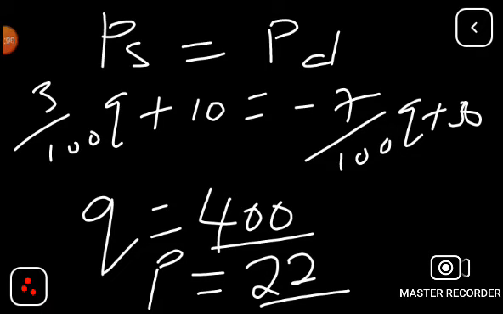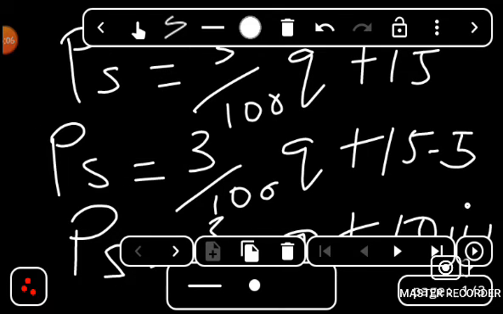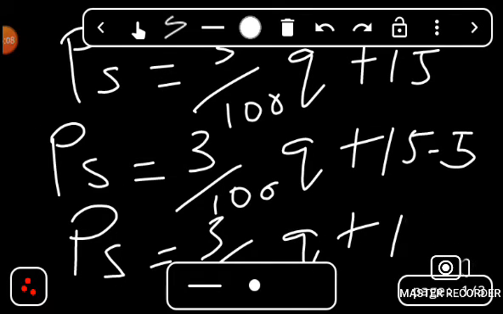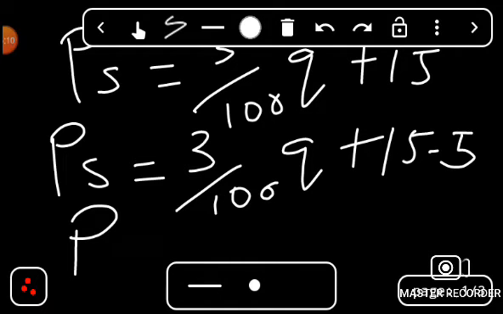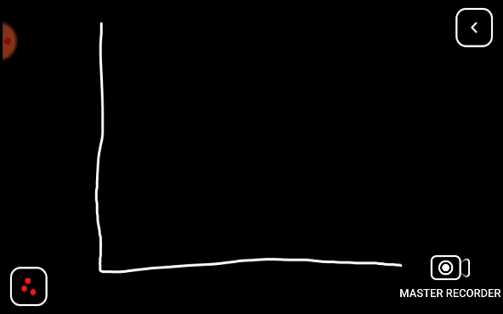Okay, now if they say let's represent this on an already existing graph, remember that our already existing graph had quantity on one axis and price on the other.